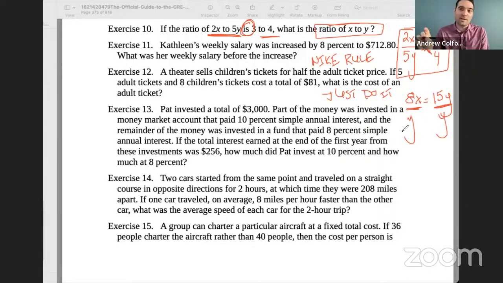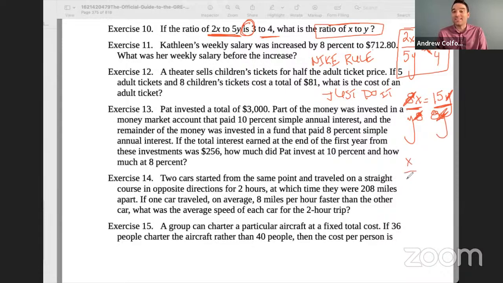The cardinal rule of algebra is I can do anything I want to both sides, because if they're equal values, I can do the same thing to both sides. So I'm going to divide both sides by y so that I get what I want here. And then I'm going to divide both sides by 8, because that's going to cancel that out and put 8 on the bottom.